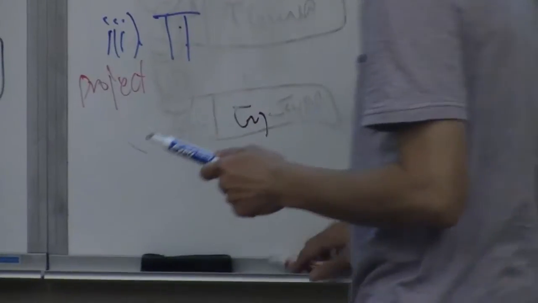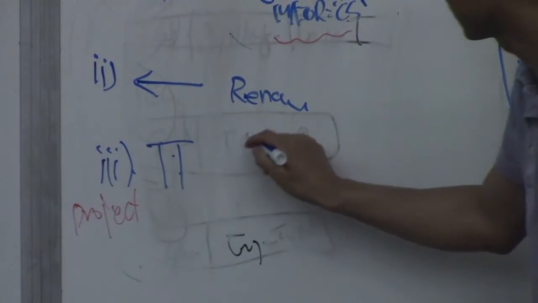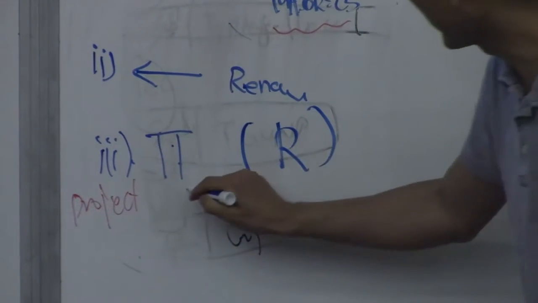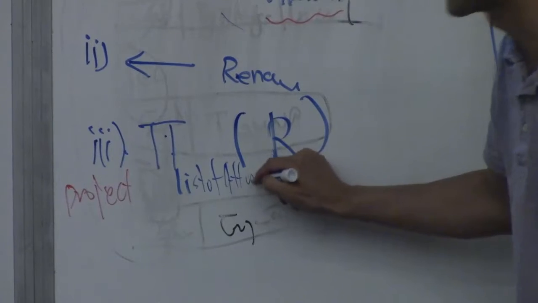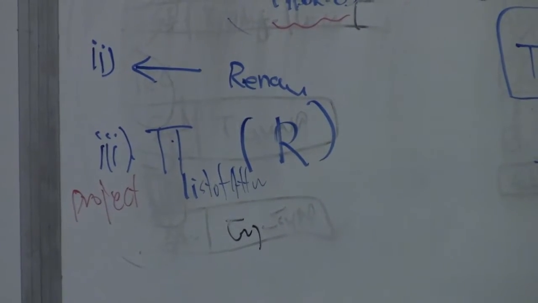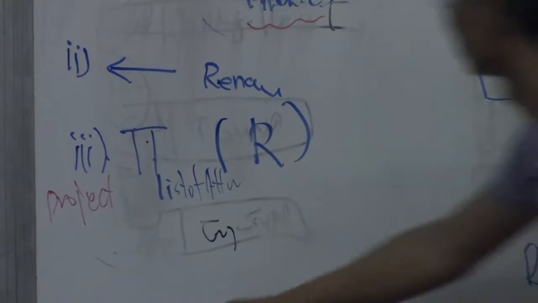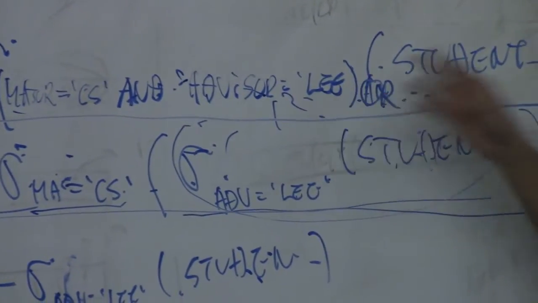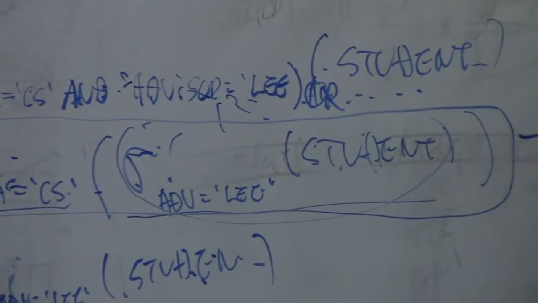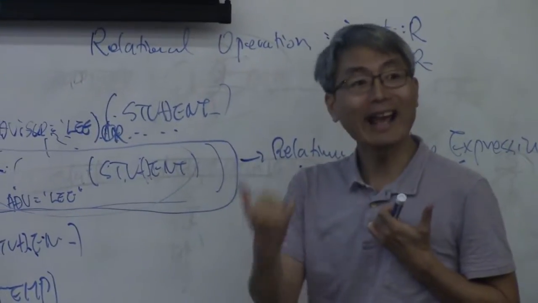The project operation, projection, you can have the relation and a list of attributes as a subscript. For example, here, I select the CS and advisor is Lee students, but I need only ID and name.